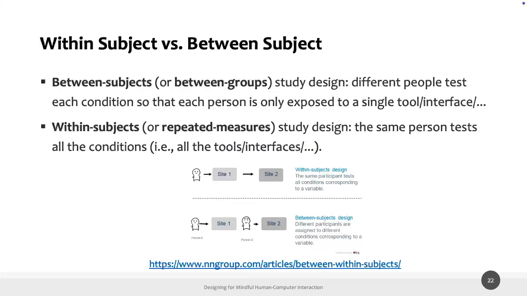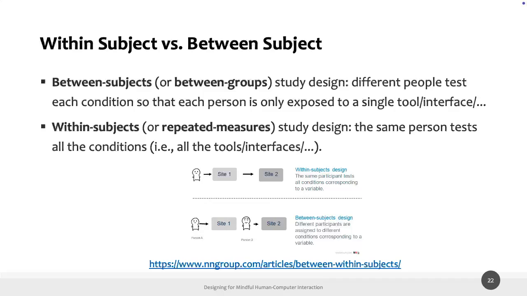So between subject or between group experiments are experiments in which different people test each condition and each person is only exposed to a single tool or interface. So let's suppose we are investigating the effect of 2 different strategies, digital self-control 1 and digital self-control 2.